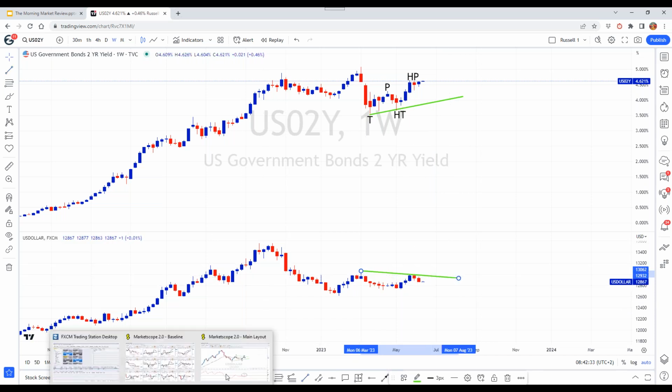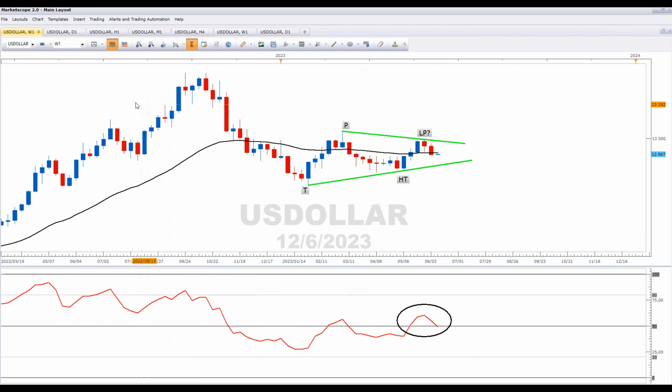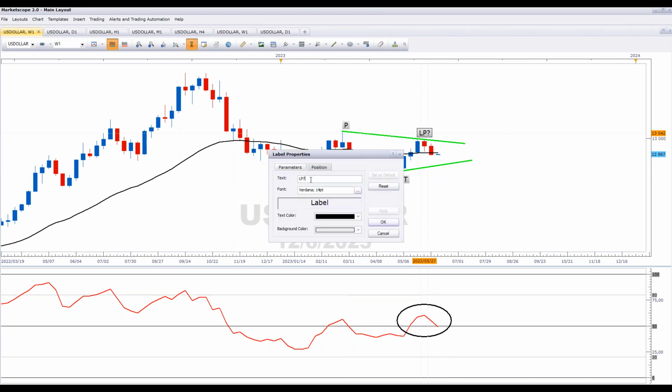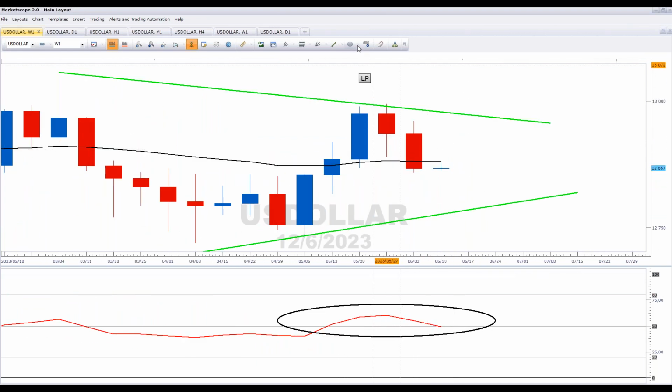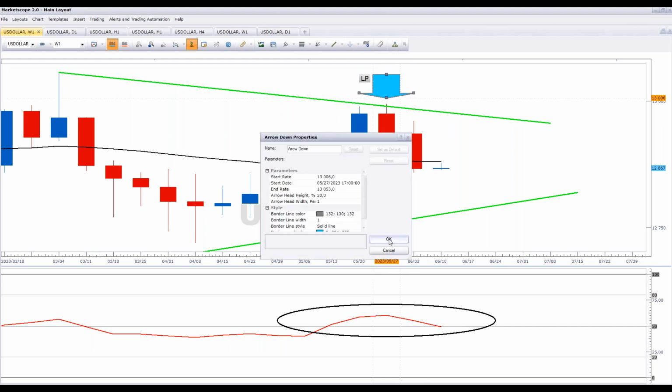So what we can do is we can go through to our MarketScope 2.0, and we can take the question mark out. Okay, so it's now, I think, a lower peak. Why is it a lower peak? Because last week completed a reference candle, right? Here's the reference candle high.